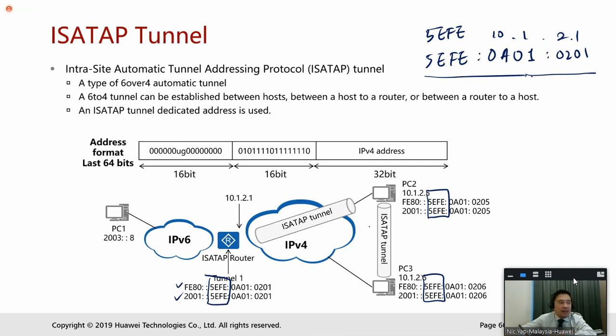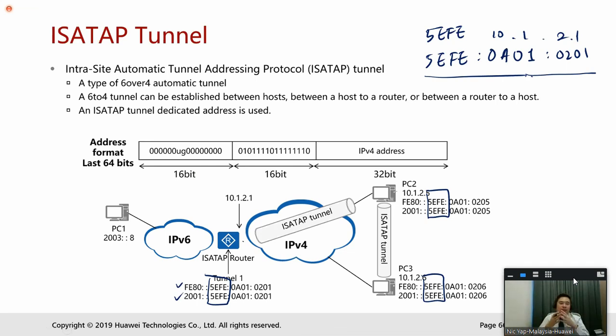For them to communicate between tunnel 1 and the destination, tunnel 1 to PC3, PC to PC, this can be host to host, host to router, or router to host. So it is more flexible compared to 6to4 tunnels. That is a multiple-mode automatic tunnel they can build.